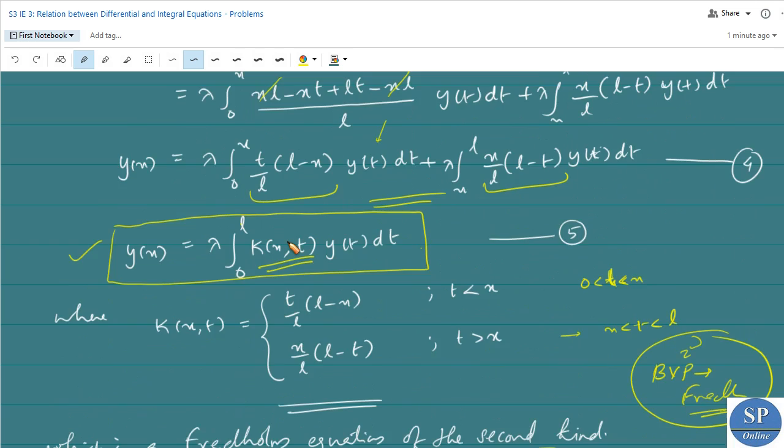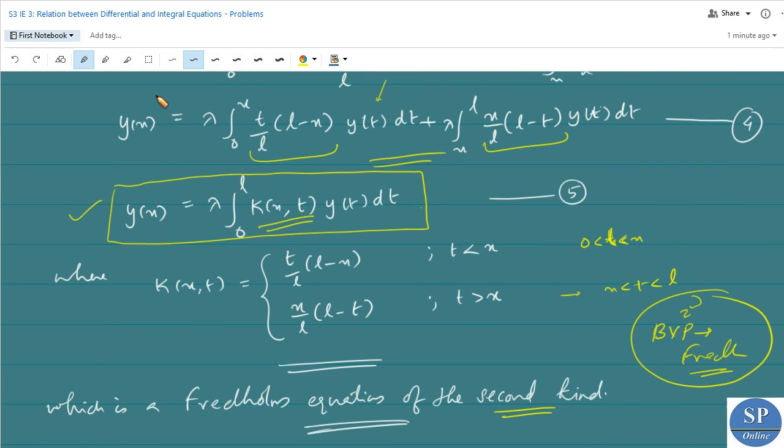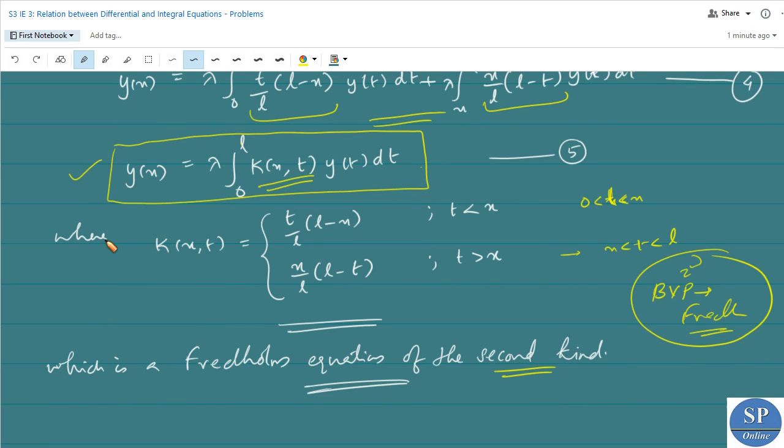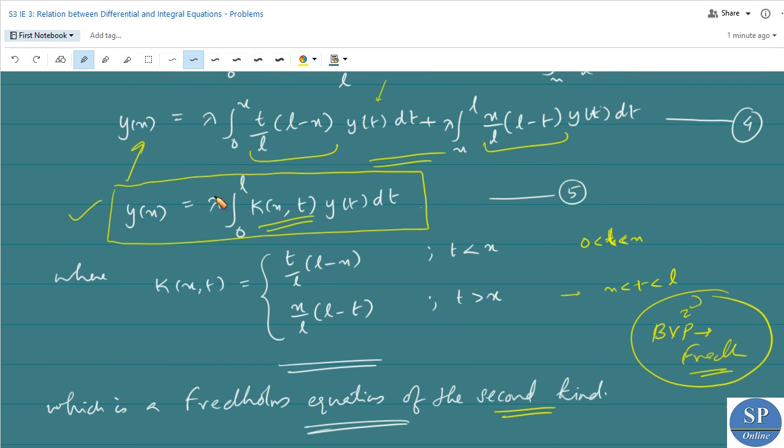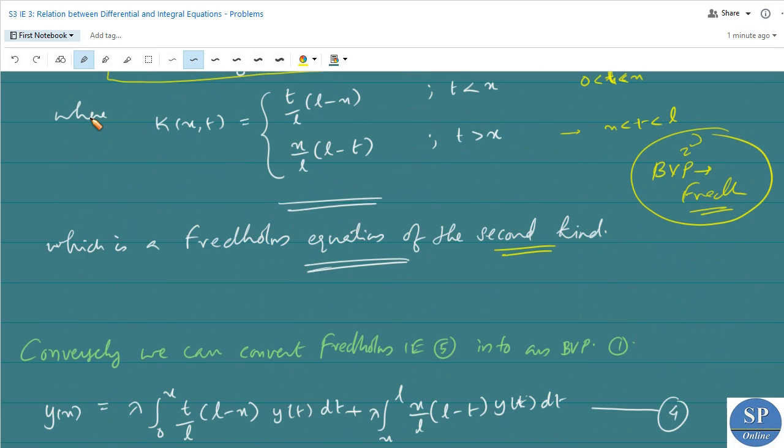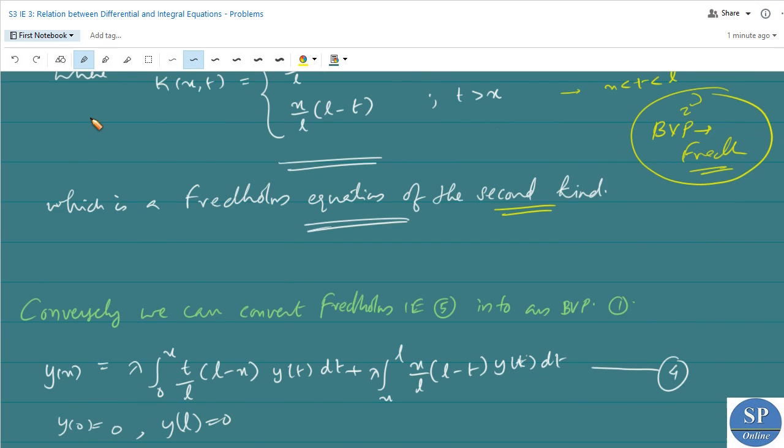So consider this, where k of x, the kernel, is this. Using this kernel, we can write this integral equation as this. So we are going to convert this integral equation into the corresponding boundary value problem. So consider this integral equation.